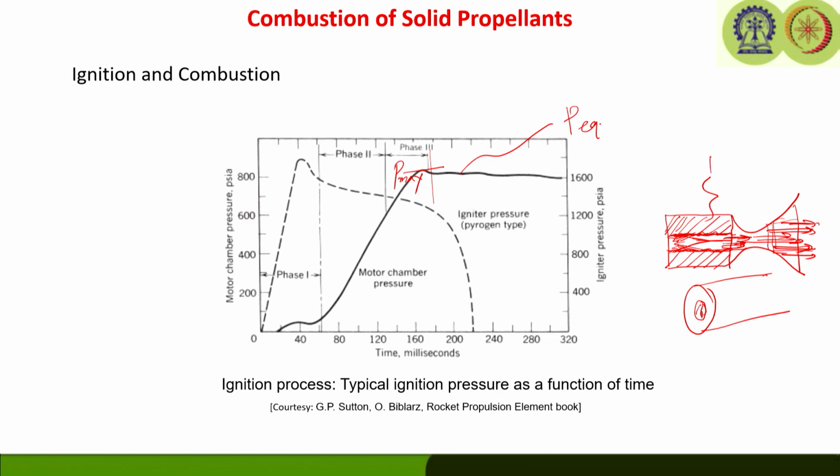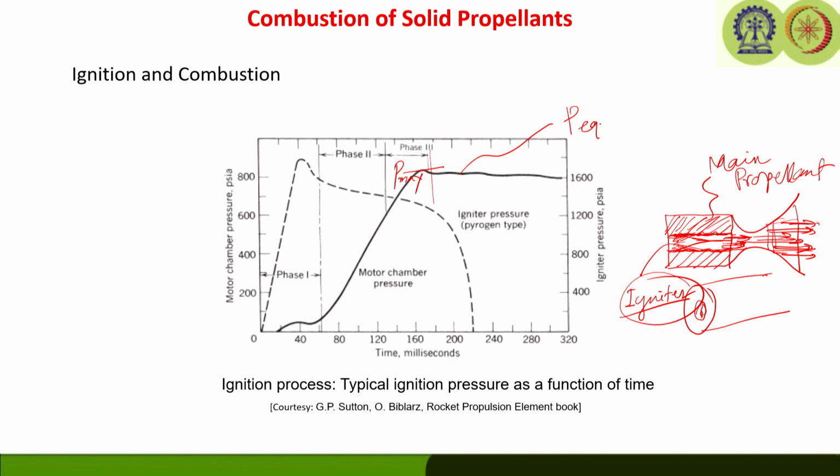So, this is your main propellant grain, and this is our igniter propellant. Whether equilibrium pressure will be satisfactorily attained or not depends on the type of igniter, the composition or characteristics of the igniter propellants, how the gas flow is taking place there, and the characteristics of the main propellant, like the ingredients of the main propellants.